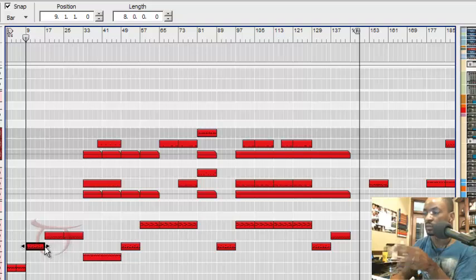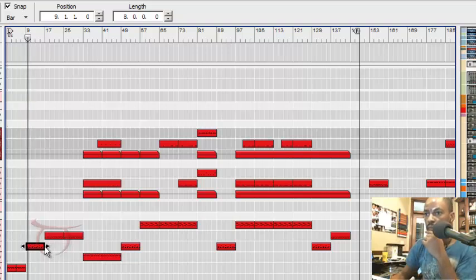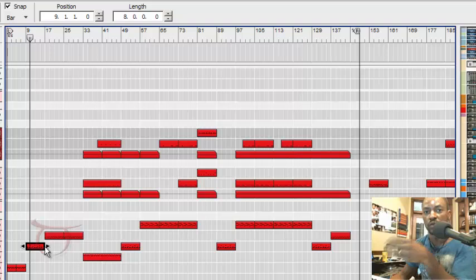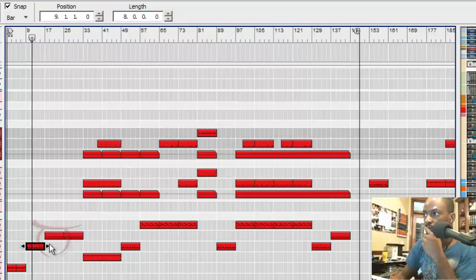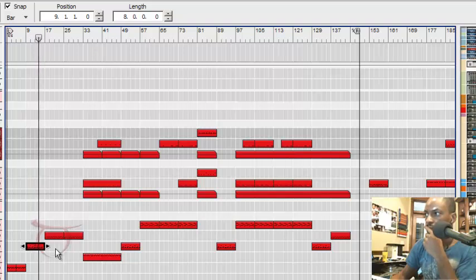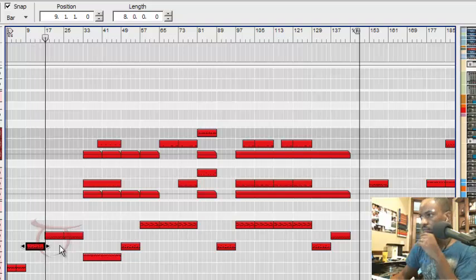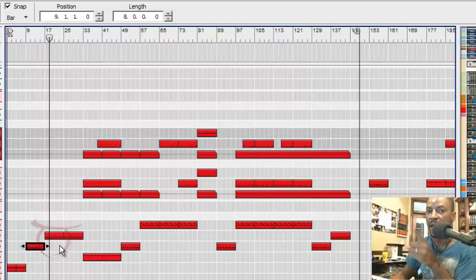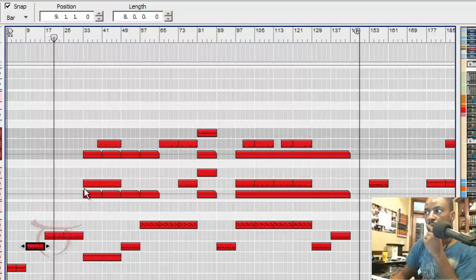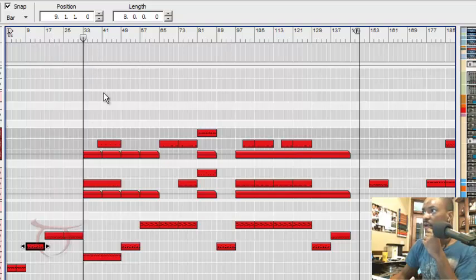Second pattern with more musical content. Went back to the first pattern. And then you see I have other patterns in here as well.